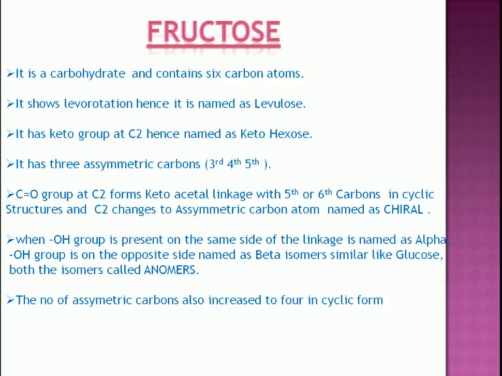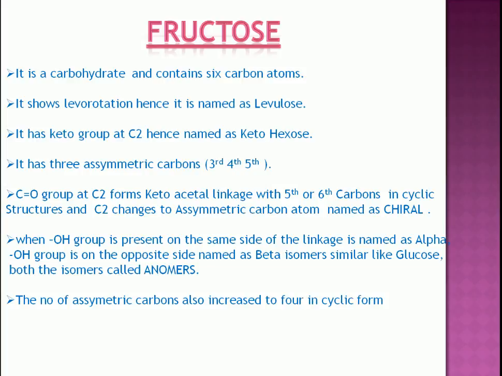The number of asymmetric carbons also increases from 3 to 4 in the cyclic form. Why is there an increase of asymmetric carbons? In glucose, we know the first carbon changes to asymmetric. But in fructose, the carbonyl carbon is present at C2.